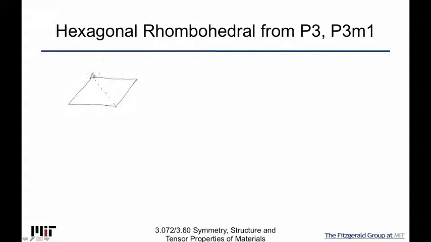So remember, this is the simple P3. And remember P3M1, where they're identical, is when the mirror plane passed through this threefold axis, passed through the middle one, and then was perpendicular to the side edge and continued down.